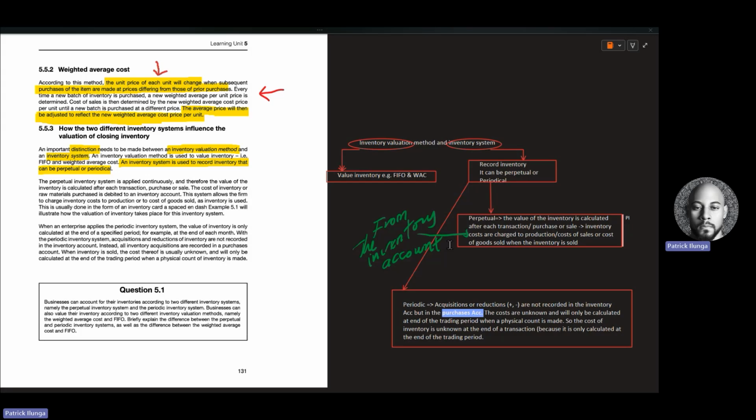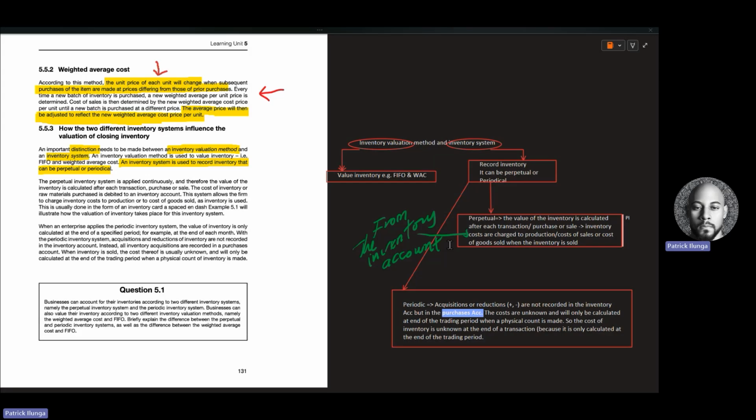So in a perpetual inventory system, we record the transactions for the inventory on the inventory account. That's not the case for the periodic. Because why? Because the periodic, we do the stock take at the end of the period.